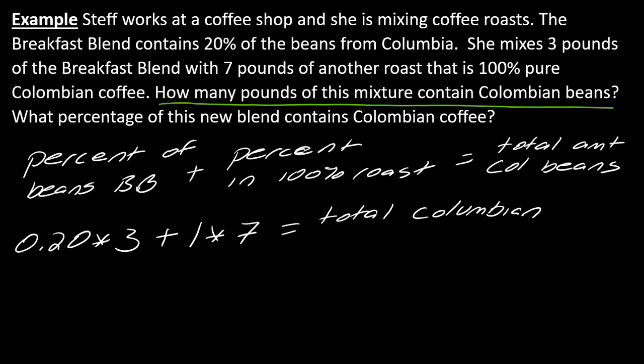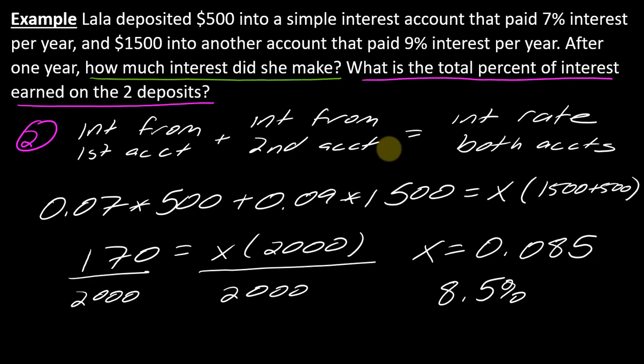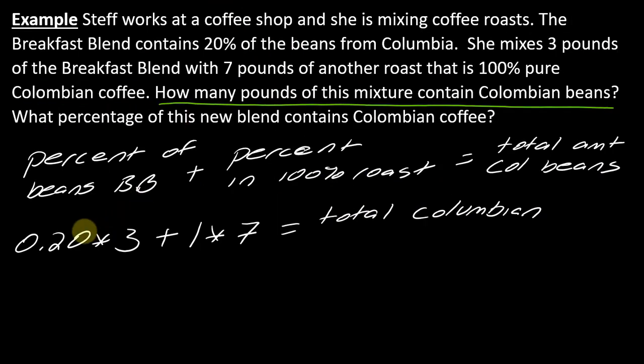Okay, so look at this. Let me flip back to the last problem. In the last problem, we were doing the percentage times the dollar amount, plus the other percentage times the dollar amount, and that gave me the interest. Now here, I'm doing the percentage times the pounds, the percentage times the pounds, and now that's just giving me a different piece of information sliced a slightly different way. So it's literally the same idea, and that's a really important thing to think about, because as you read these, you want to just really view this as a mixture, and it doesn't really matter what you're talking about.